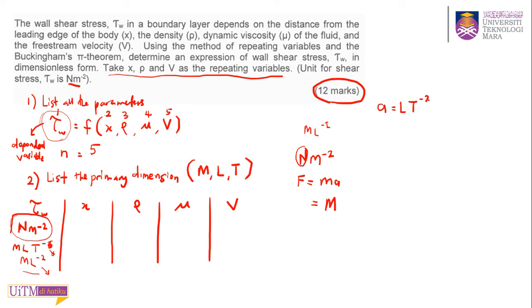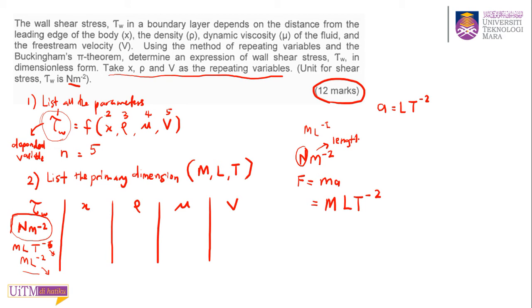So you have M L T negative 2 for F, which is the Newton. And now you have meter minus 2. Meter is length, right? It's not mass. Meter is the unit for length.